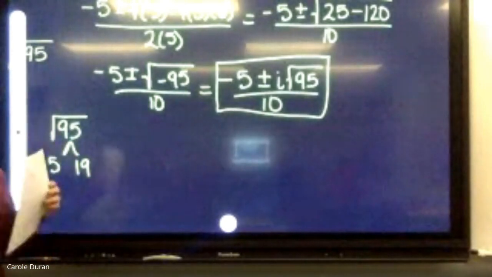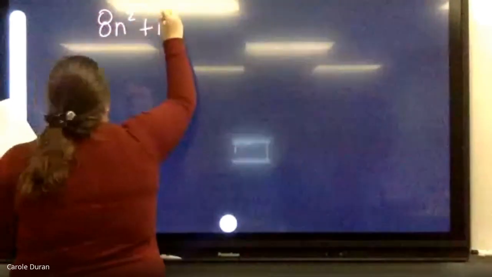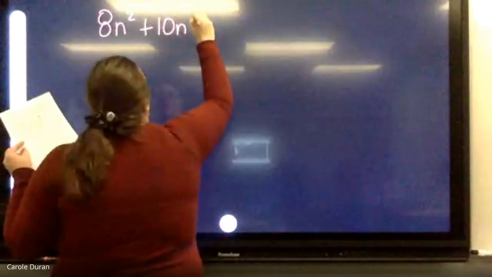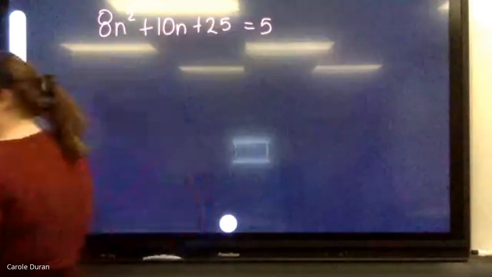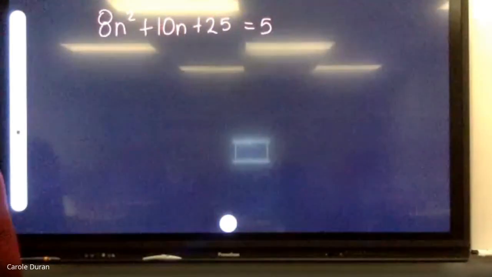Okay, let's go ahead and do our last 2 examples, then it's homework time. So doing the same thing, but this time using the quadratic 8n squared plus 10n plus 25 equals 5. Subtract 5.